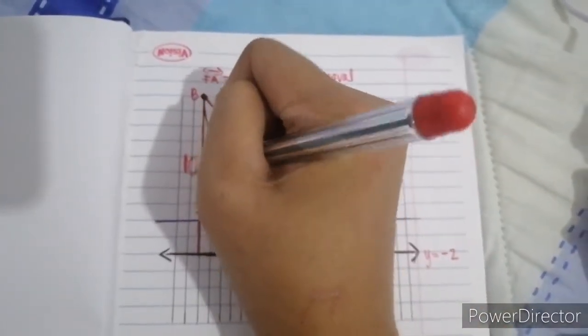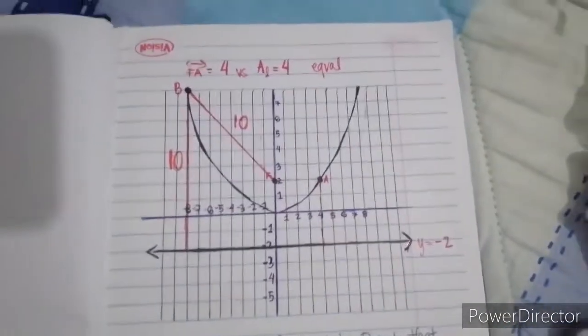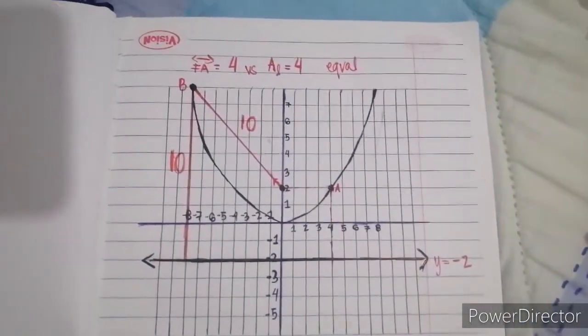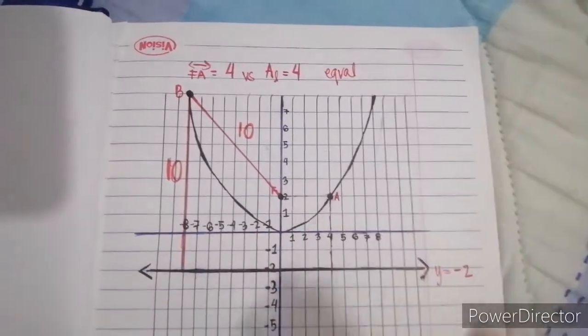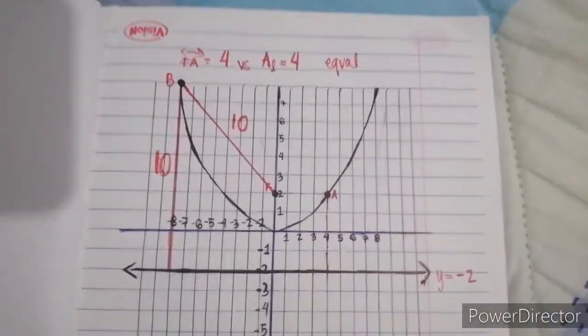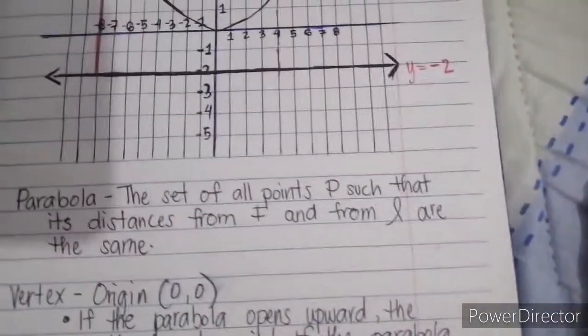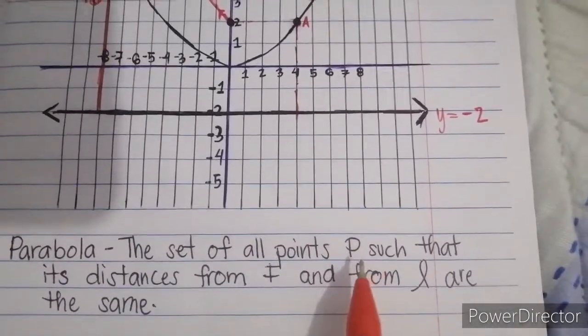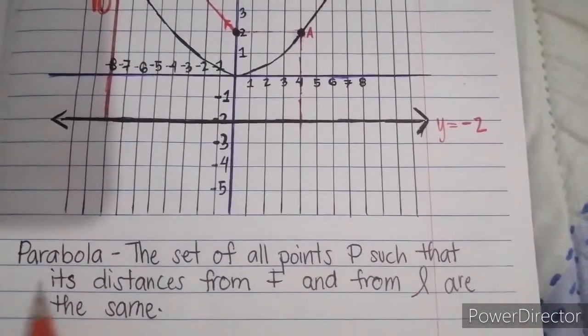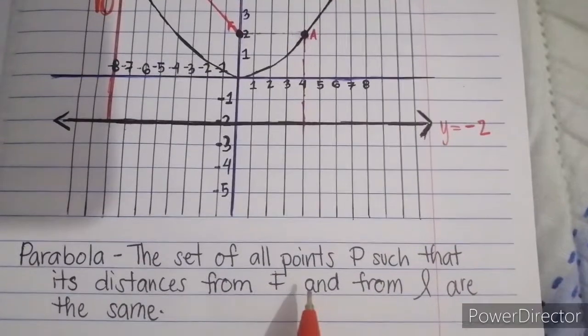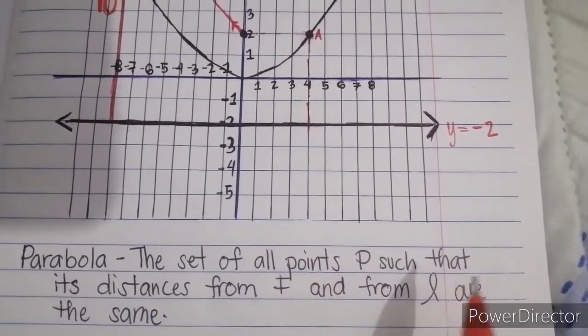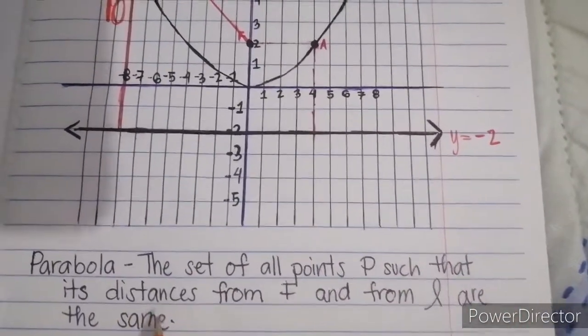They also have the same distances. So, in short, a parabola is the set of all points P such that its distances from F and from L are the same.